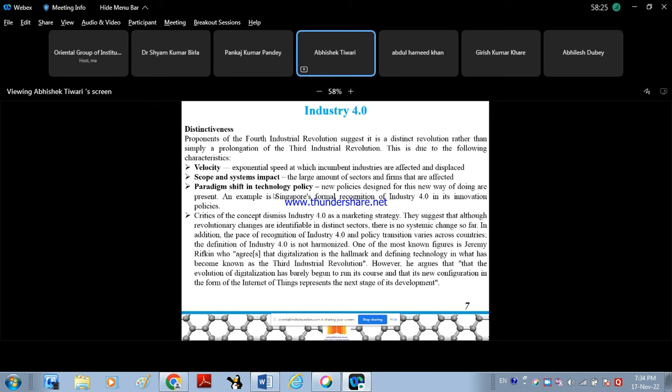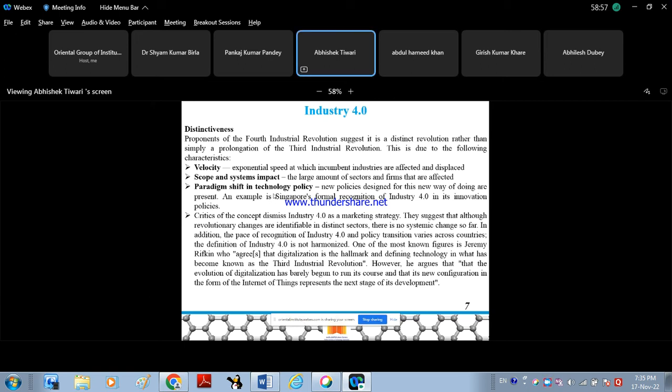So, what is the distinctiveness of Industry 4.0? Proponents of the fourth industrial revolution suggest it is a distinct revolution rather than simply a prolongation of the third industrial revolution. This is due to the following characteristics. First is velocity, that is the exponential speed at which incumbent industries are affected and displaced, and the scope and systems impact.